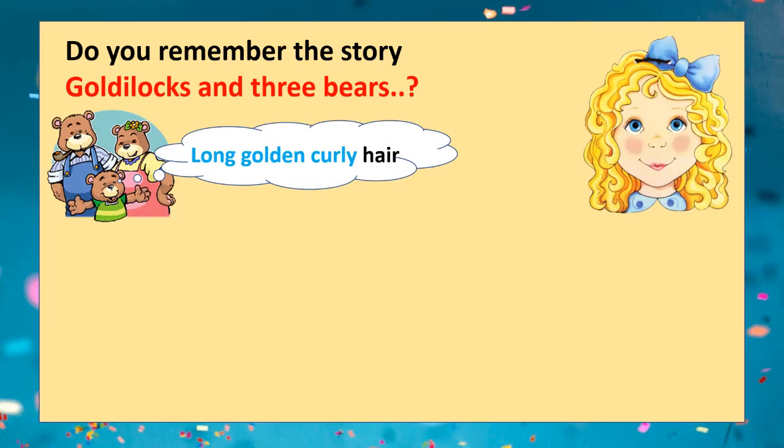Wonderful, children. So long, golden, curly are describing the hair of Goldilocks. How many bears are here? Three bears. So three is the describing word. It is an adjective.